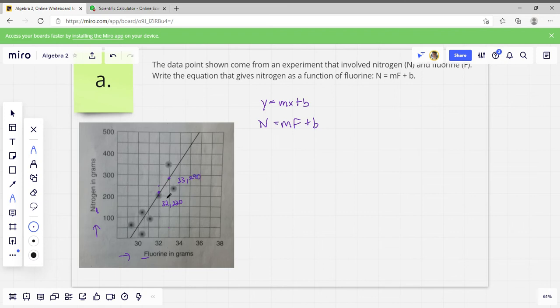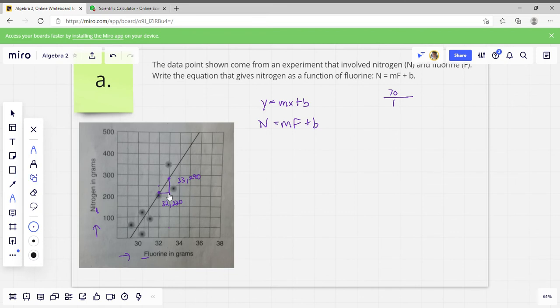We're going to guess 290. Okay, so that means our triangle is right here. For this, we went 1 for x value, so our run is 1. Our rise is 220 to 290. That would be 70.